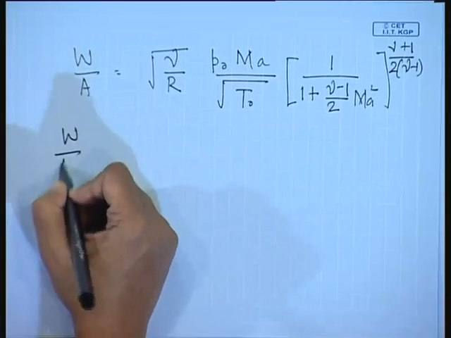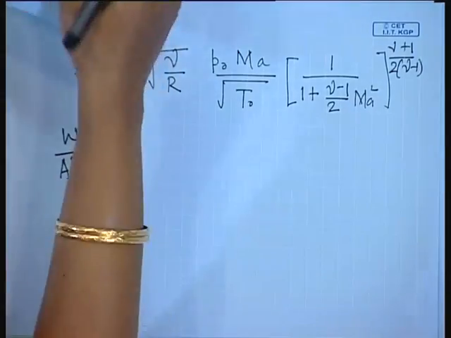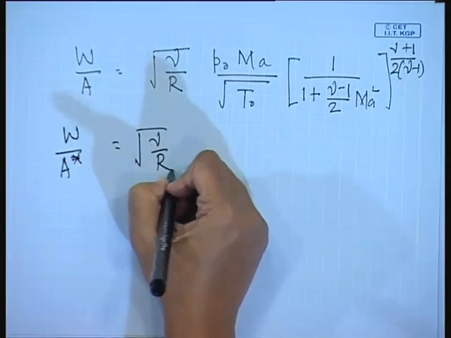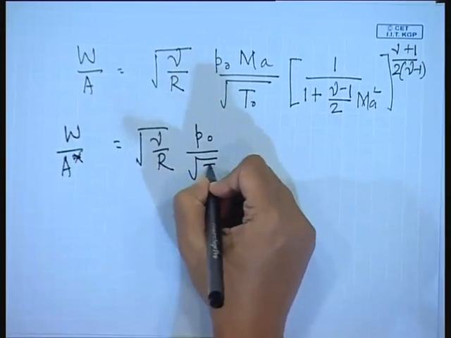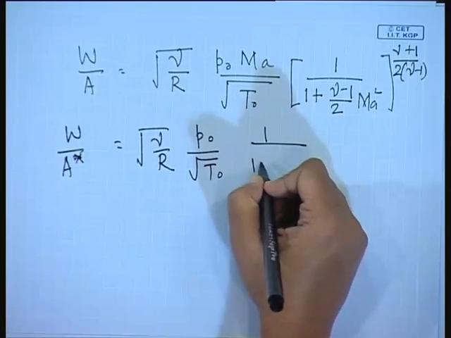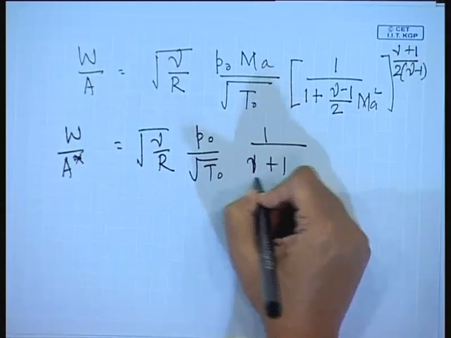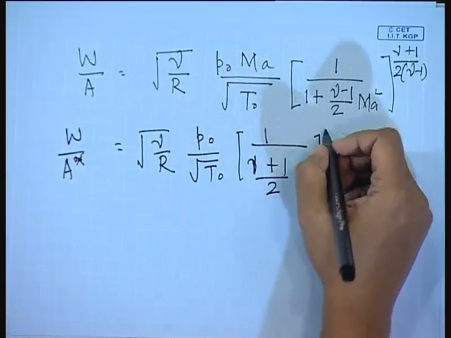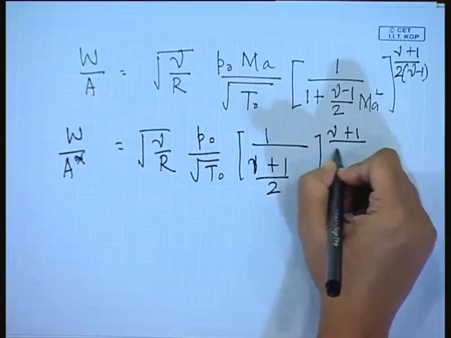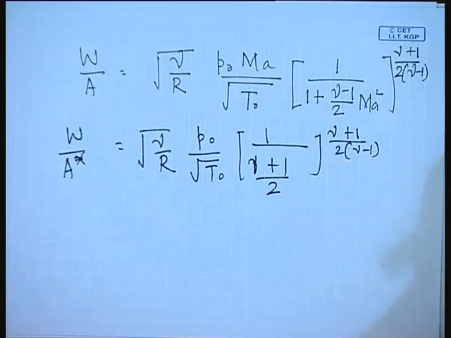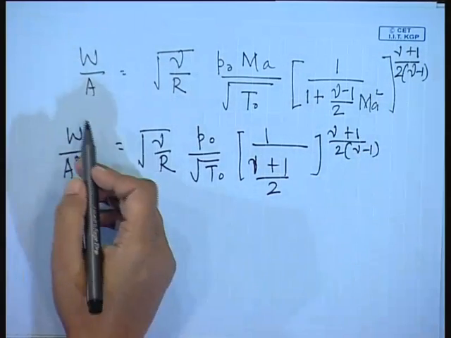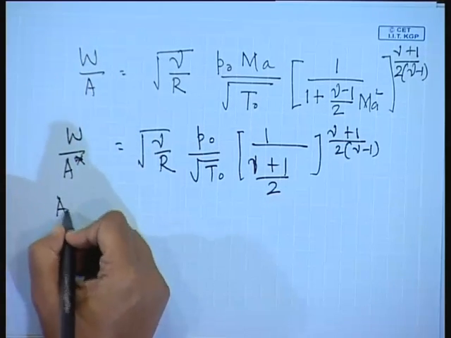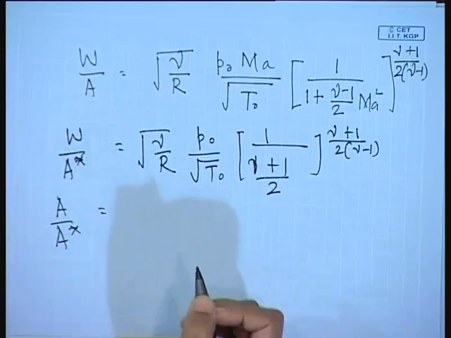Now, W by A star is nothing but root gamma by R, P0 by root T0, into 1 by gamma plus 1 by 2 to the power gamma plus 1 by 2 into gamma minus 1, isn't it? So, if we divide this by this, what do we get? We get A by A star, isn't it?